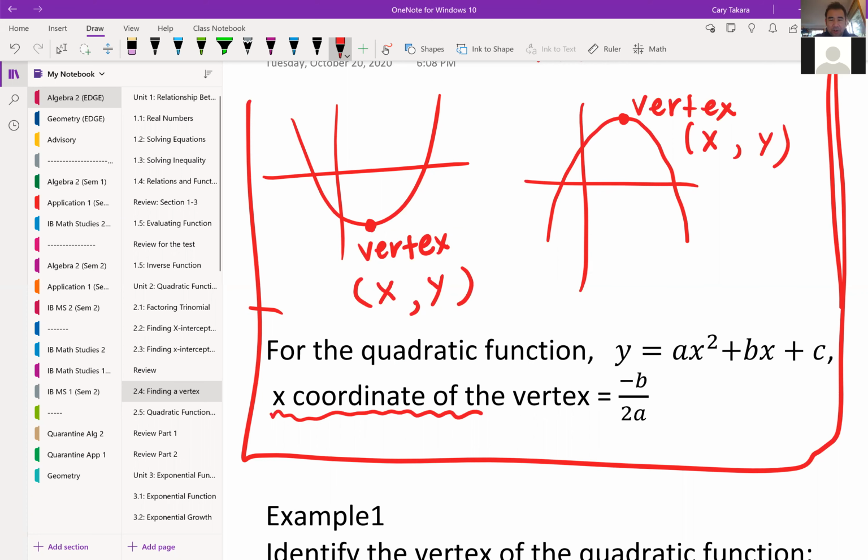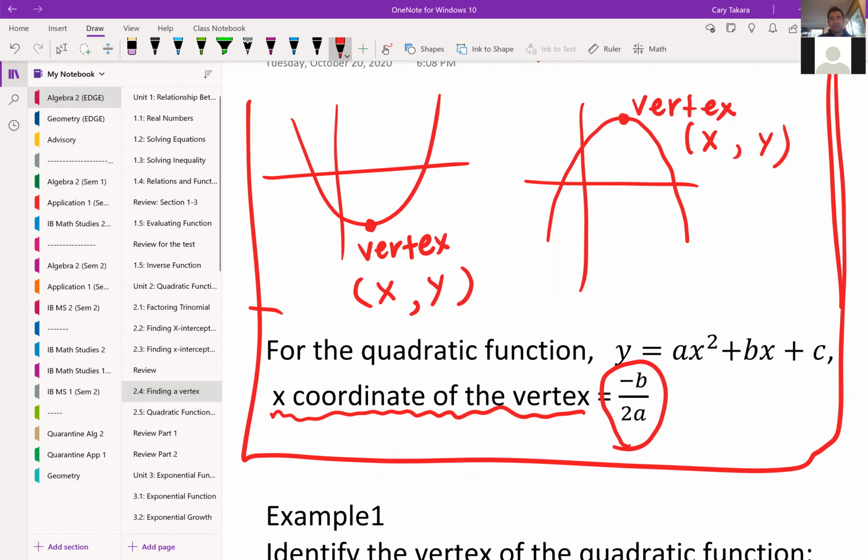The x coordinate of the vertex is given by negative b over 2a. That is the formula. It does have a very similar component to the quadratic formula, isn't it? Negative b plus minus square root. You don't need all of that, but negative b over 2a will get you the x coordinate of the vertex.